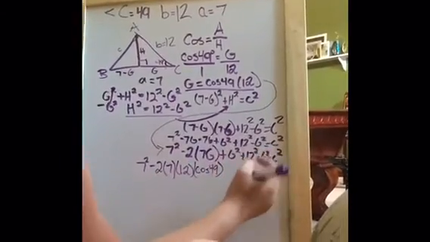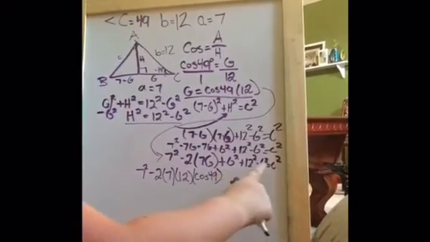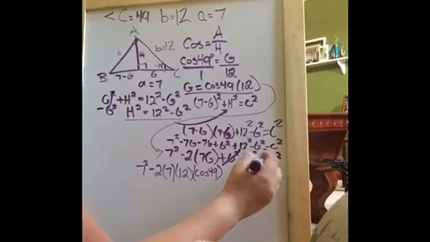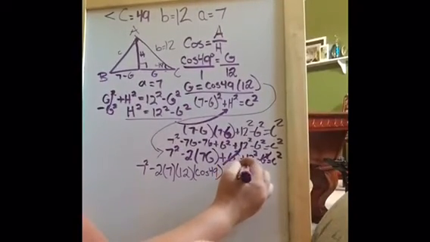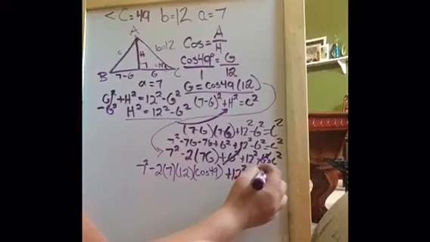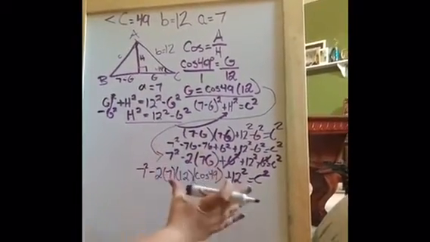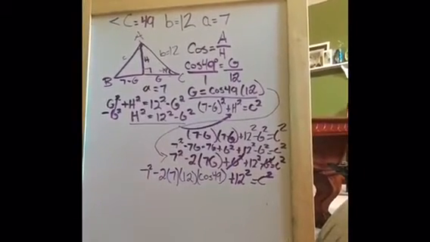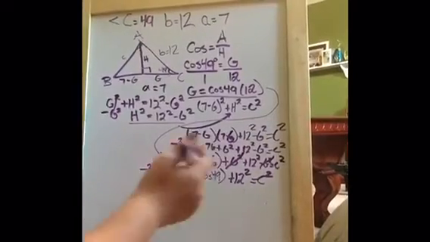Do you notice that you have a plus g squared and a minus g squared? Those two cancel each other out, and you're left with plus 12 squared equals c squared. Now all you have to do is punch it into the calculator.